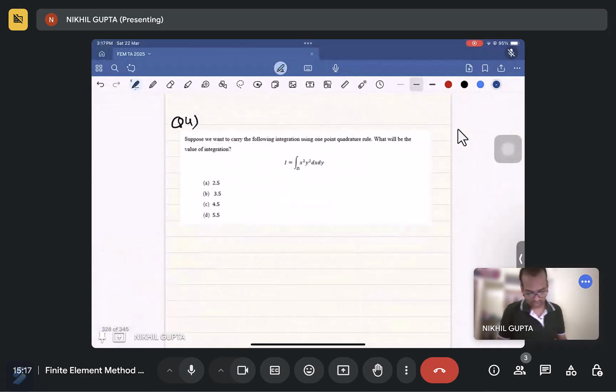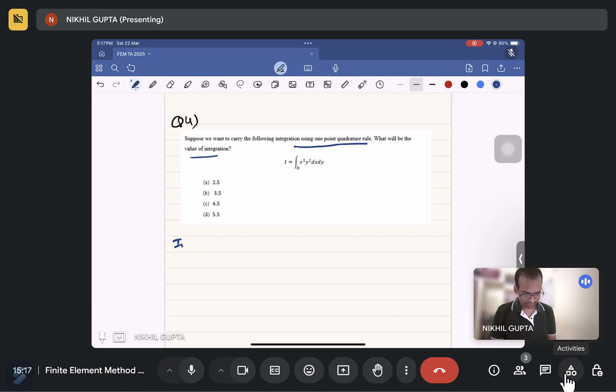So the other question is that suppose we want to carry out the integration using the 1 point Gauss quadrature. What will be the value of integration? Okay, this is also a simple one. So in 1 point Gauss quadrature, we know weight is equal to 1 and the sampling point is 0.